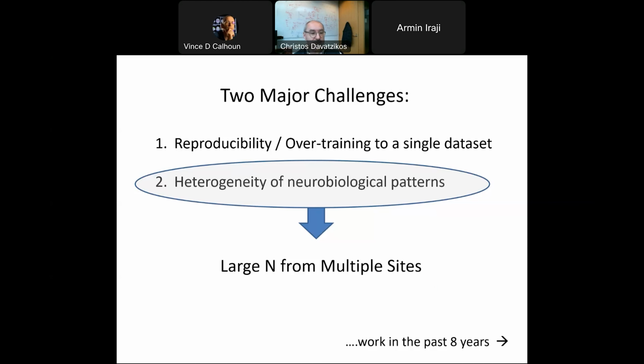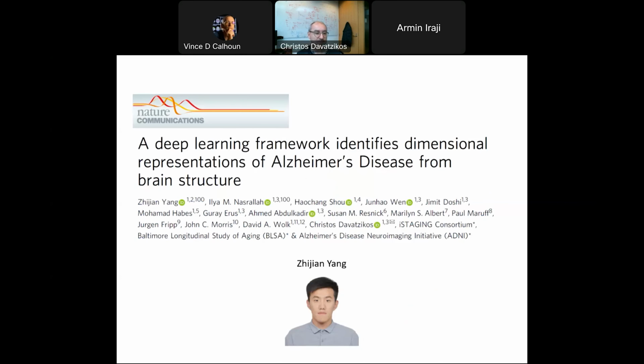Certainly in cancer, we know that different mutations give rise to different radiologic phenotypes, and that can be picked up by machine learning methods. So we put some effort into trying to understand this heterogeneity and build methods that dissect it.